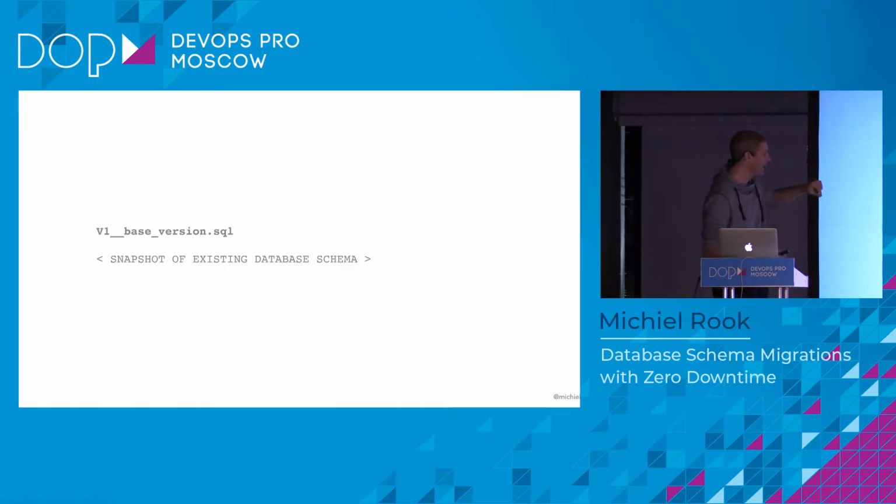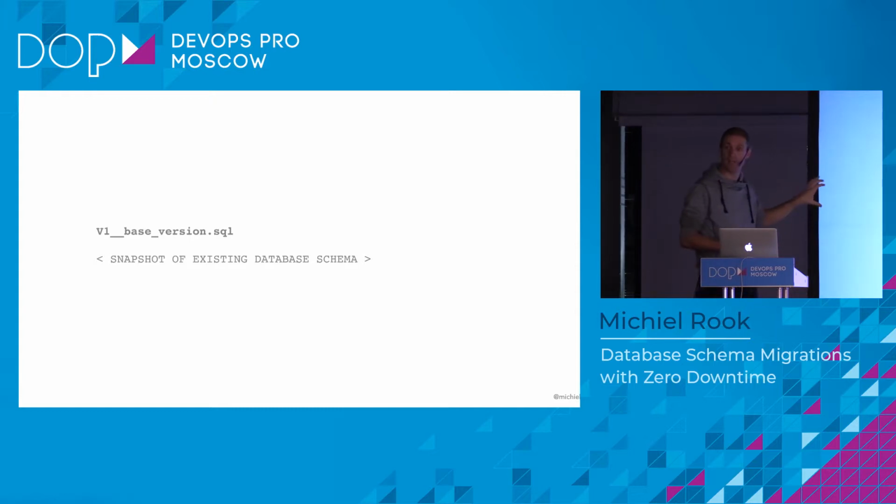So what we do with Flyway is we add a base version as an SQL file, and we copy paste essentially the snapshot of our current database schema in there. And that's our base. That's where we're starting off from. And then we have to tell Flyway, you don't have to execute this migration because this database is already in this state, right?